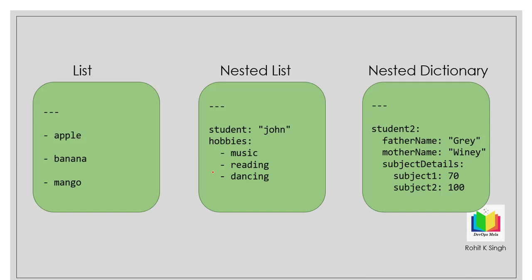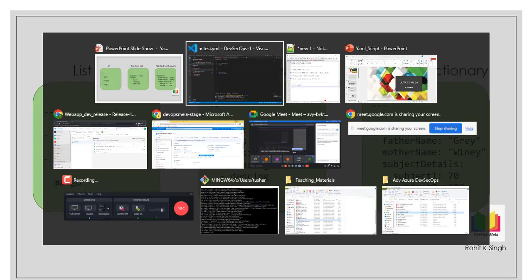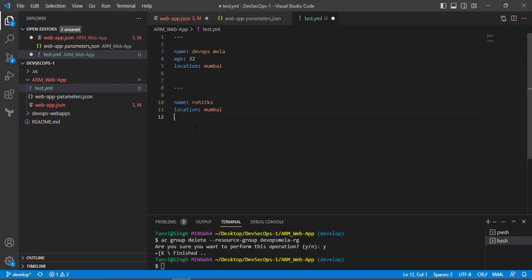Next, this is how, if you want to make a list in YAML, the list is created. For example, if you want to define a list of fruits, you can simply have fruits written, and this fruits could have apple, it could have mango, it could have cherry.